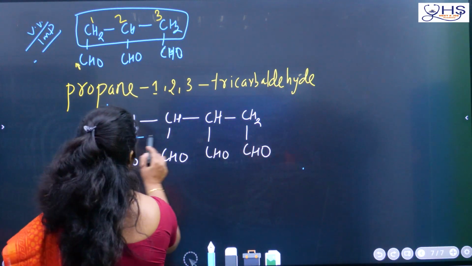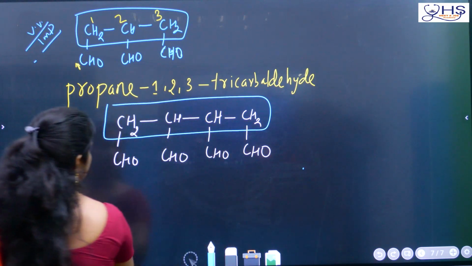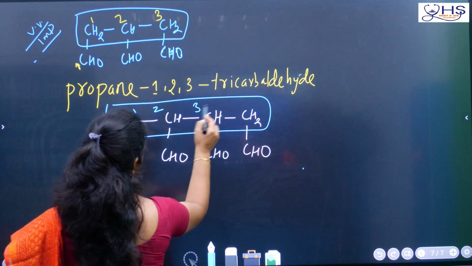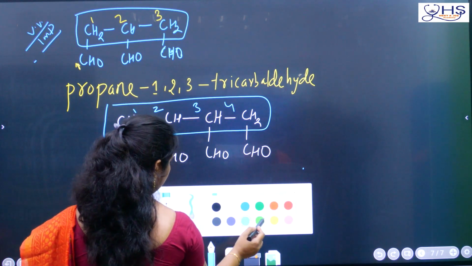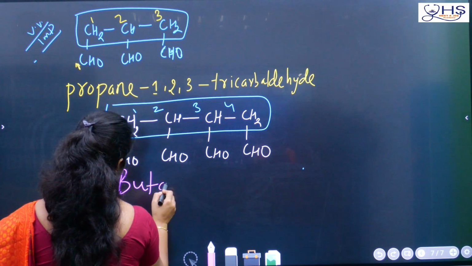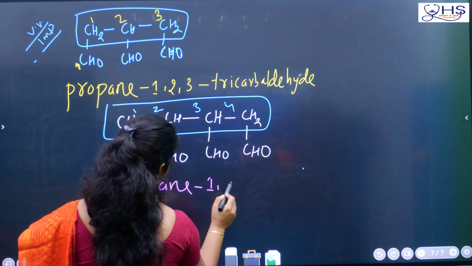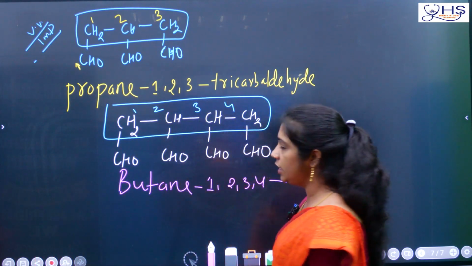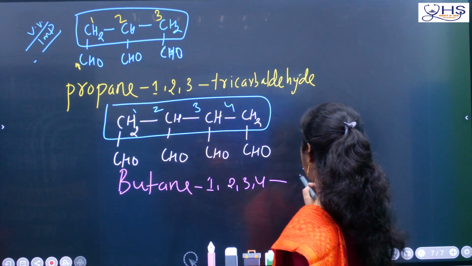So here also same, this will be my principal chain. Then 1, 2, 3, 4. 4 carbon means butane. And first position, second, third, fourth position, what functional group do we have? We have aldehyde, which is named as carbaldehyde.